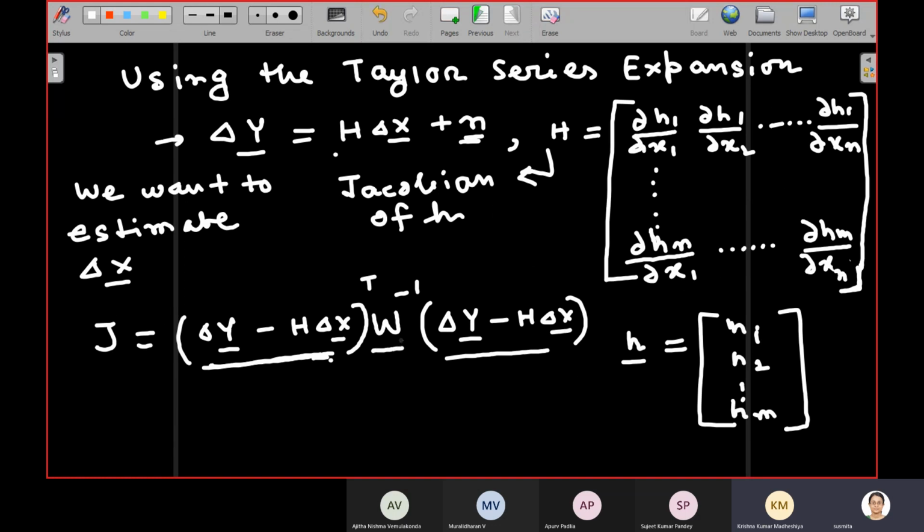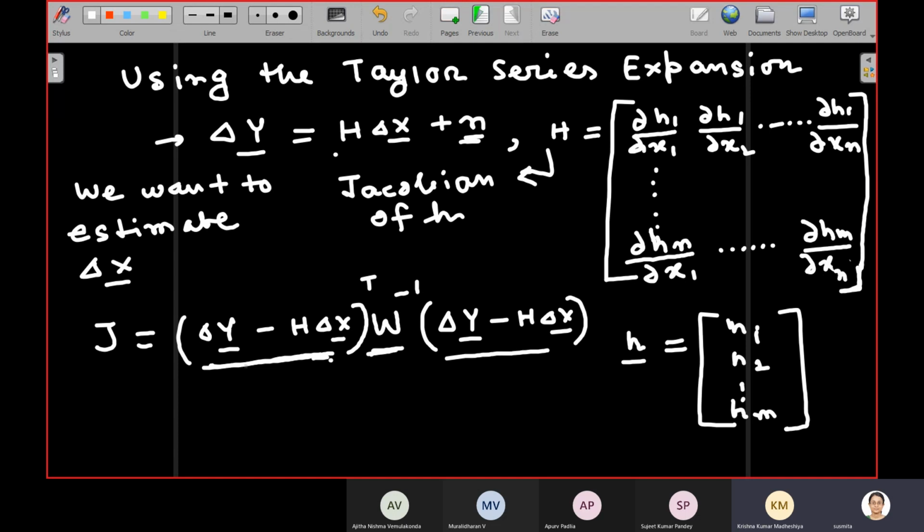And the best way to give more importance to good quality measurements with low N is to multiply W inverse. If a diagonal element of W is large, its inverse will be small. So if its inverse is small, that means we are giving less importance to that particular measurement. If the diagonal element is small, that means we have good quality measurements and its inverse will be large, correct?